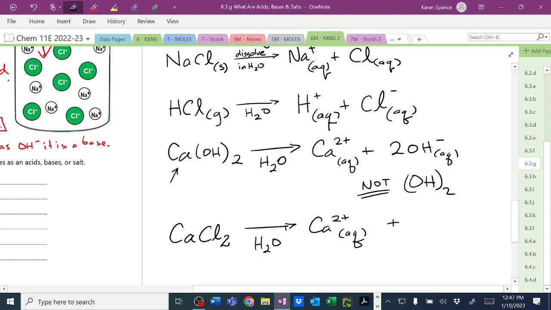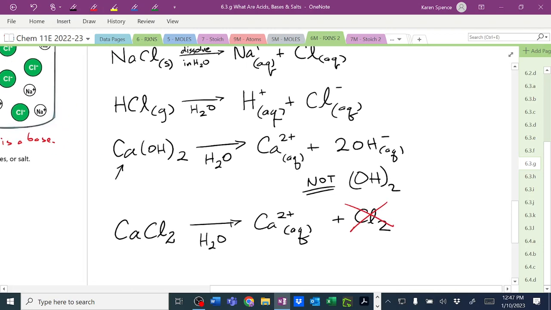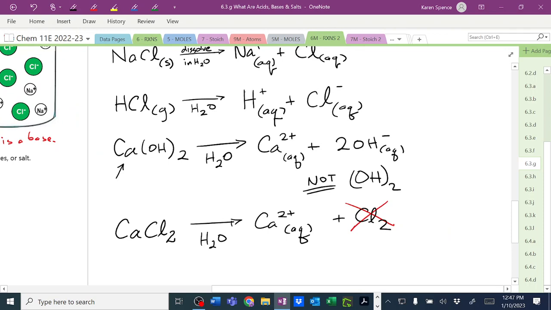It's so tempting to write Cl2. Is that correct? You can tell from my tone of voice that it is not correct, and that's because it's only Cl2 when it is neutral. Cl2 is neutral, and it is on its own.